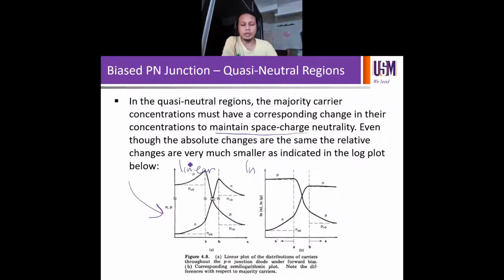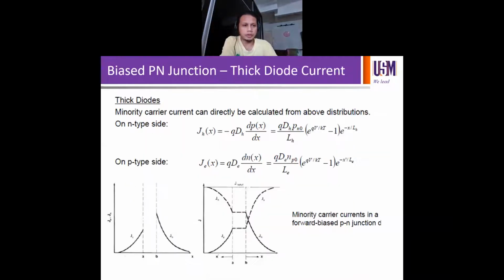Selalunya kita guna yang log base lah. Usually we use this for explanation, right? In fact, all the previous explanations we use the semi-log base. So you can see a relatively flat concentration in the quasi-neutral region on both sides, P and N, and a drop in profile in the depletion region. Okay, PN ni yang kita pakai ya. So this is the quasi-neutral region.